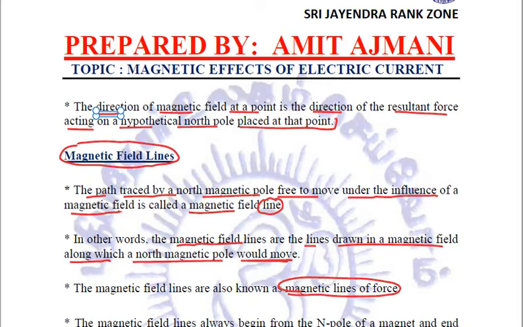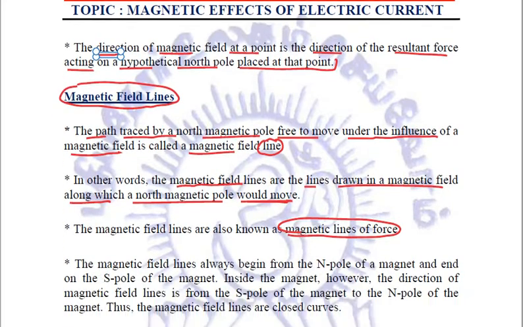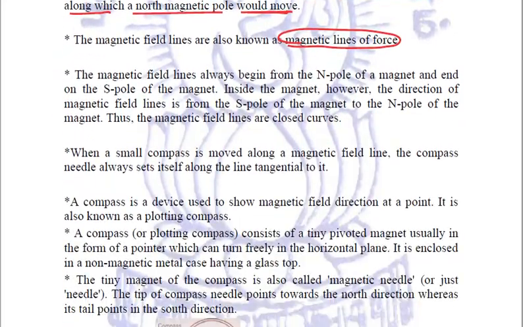Fine. Now there are certain important things that we need to relate regarding these magnetic field lines. What are these? The magnetic field lines always begin from the north pole of a magnet and end on the south pole of the magnet inside the magnet.